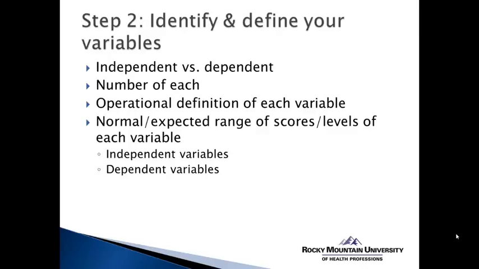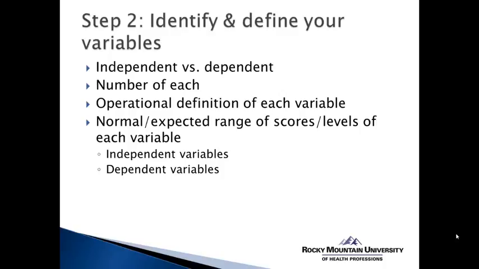Now, the next thing you need to figure out is what is a normal or expected range of scores and how many levels of each variable will you have. So in the case of an independent variable, for example, you have to decide, do I want to have 2 groups, 3 groups, 4 groups, and so on.